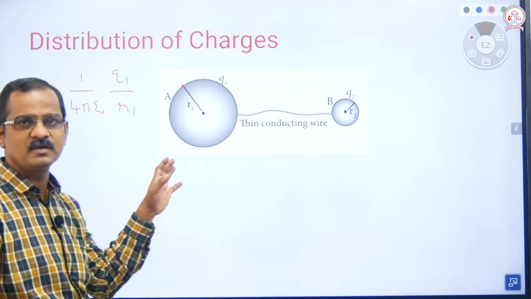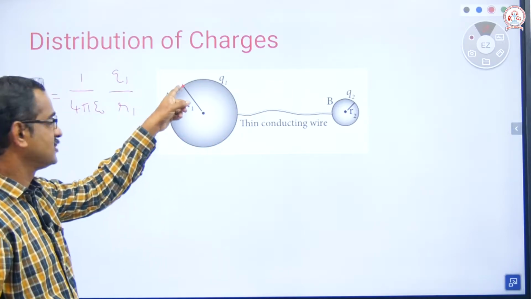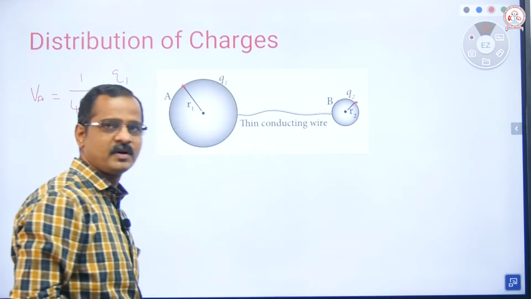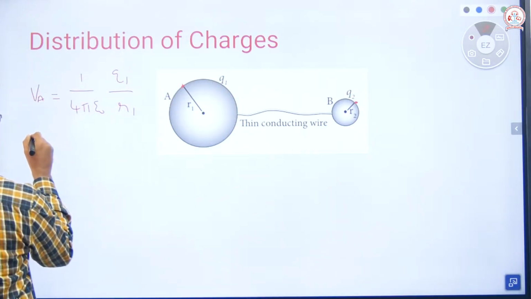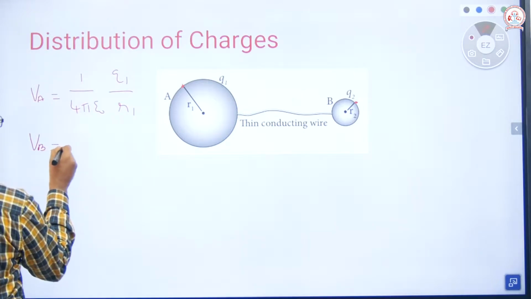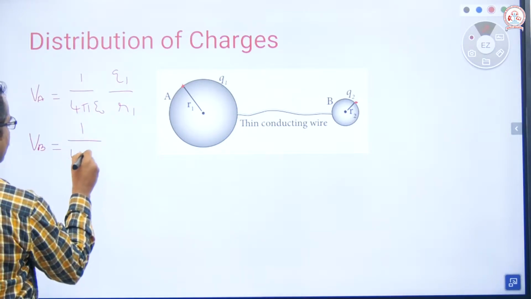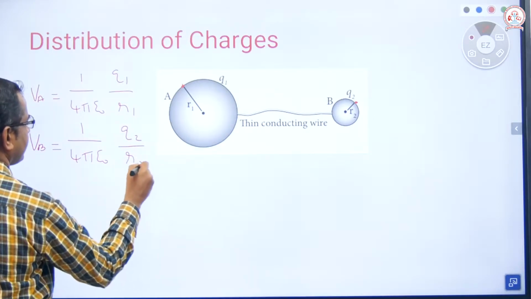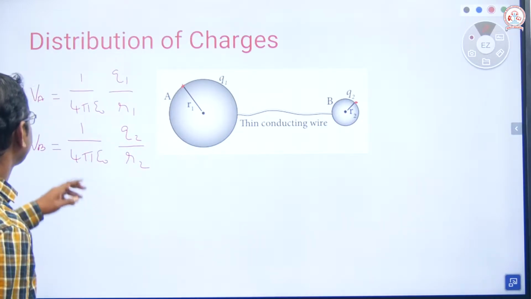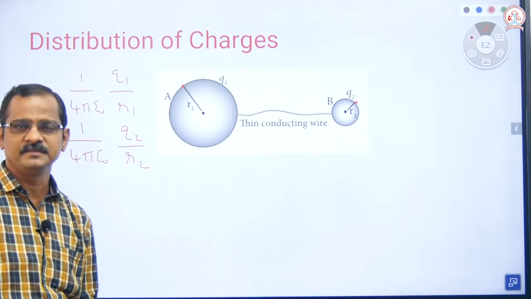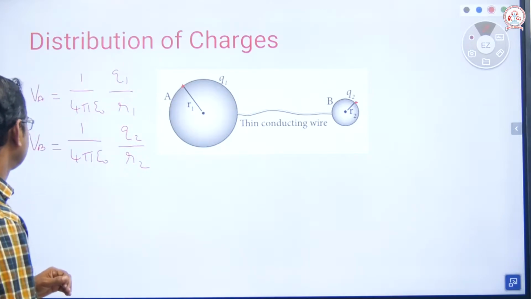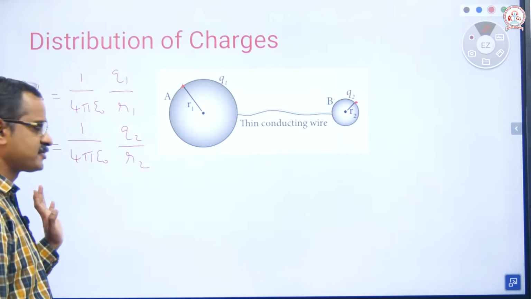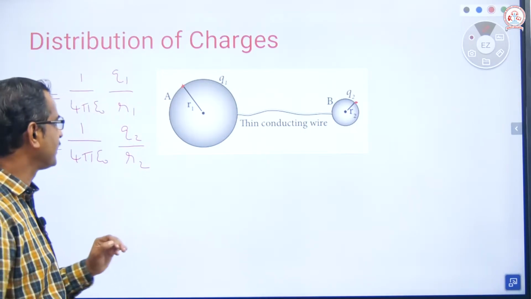The potential at that point, V_B, is equal to 1 divided by 4 pi epsilon naught, Q2 by R2, where V is the electric potential and epsilon naught is the permittivity, 8.854 into 10 power minus 12. 1 by 4 pi epsilon naught value is 9 into 10 power 9.